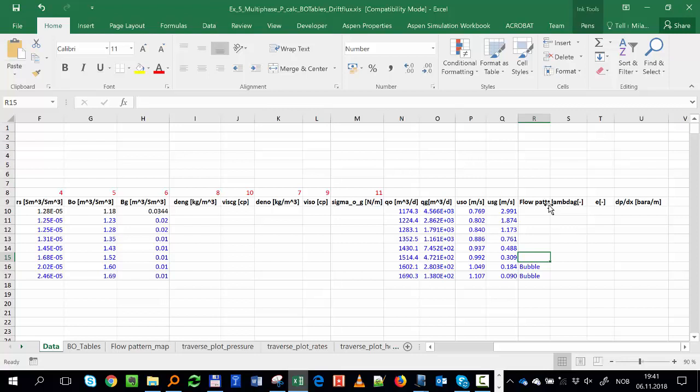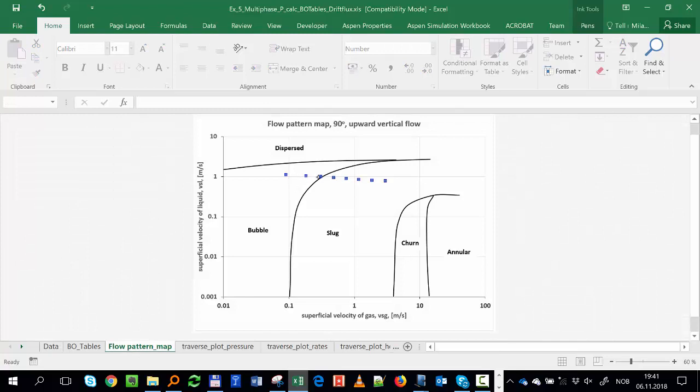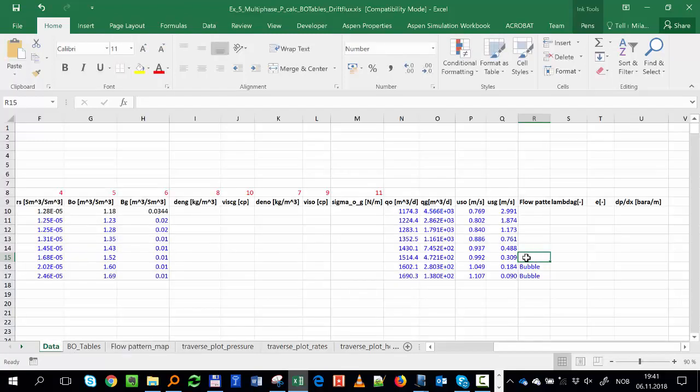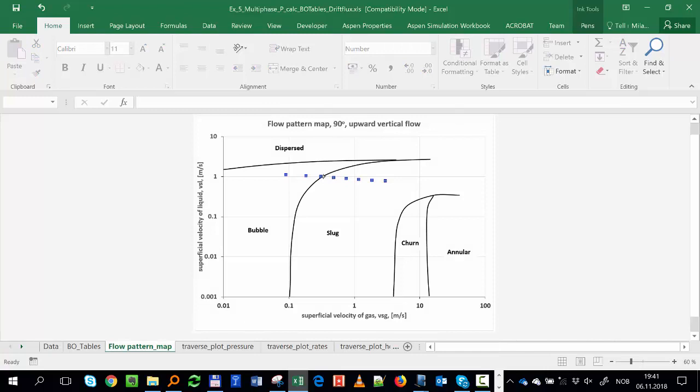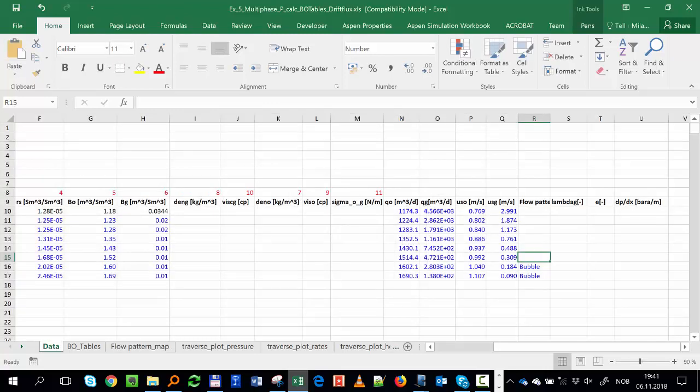We have exactly the transition. I think so, 1, 2, 3 is the third point. So that's where we have the transition. This point falls exactly on the line, so this will be the transition. And from all the points up from there, slug flow, slug and slug and slug.